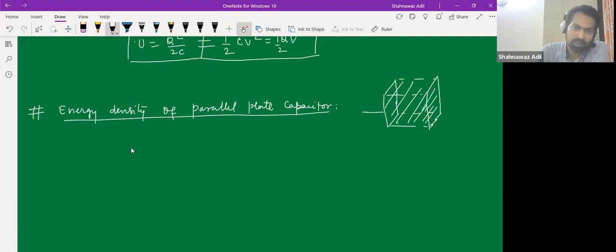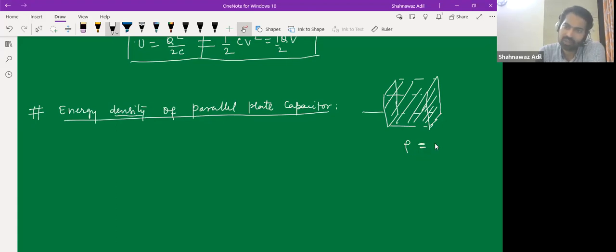So you guys tell me what is density. If I ask you what is the charge density in this volume, what would that be? Inside this volume, what would be the charge density?